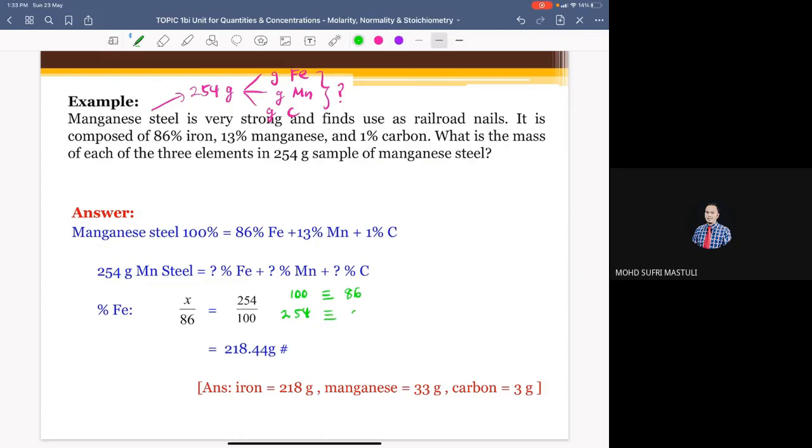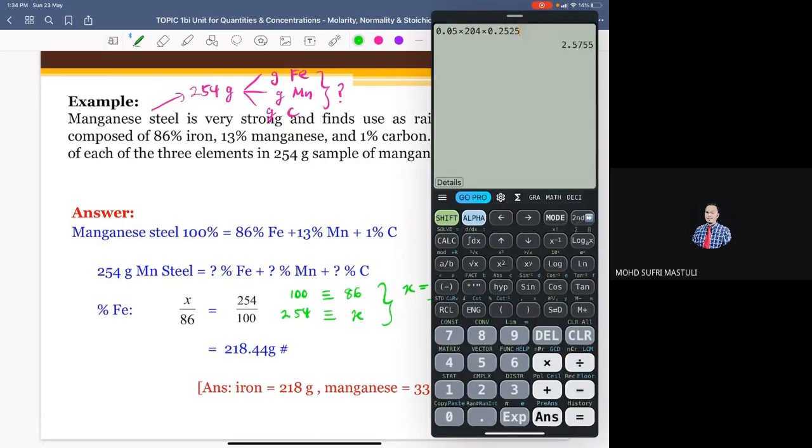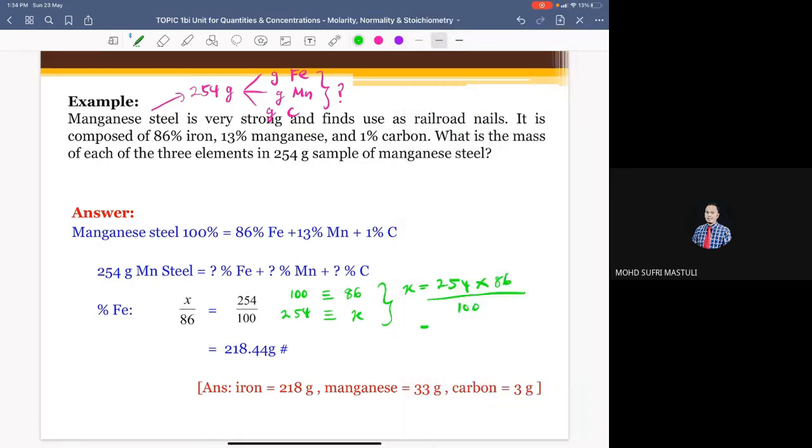So you can calculate X. X is 254 times 86 divided by 100, which is 218.44 gram of Fe.